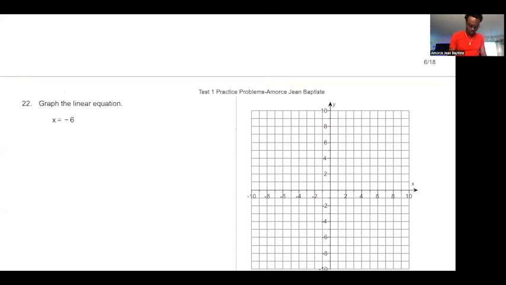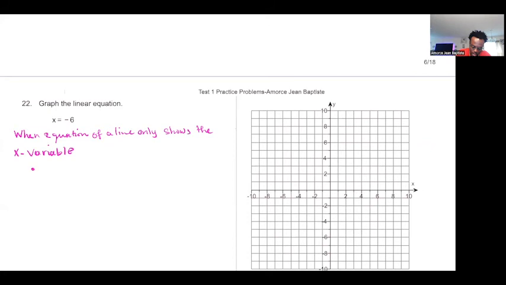So when the equation of a line only shows the x variable, you have two consequences.